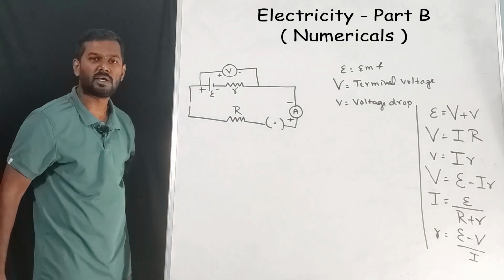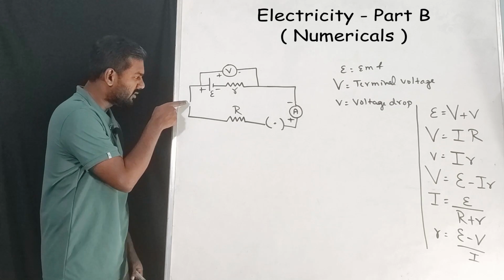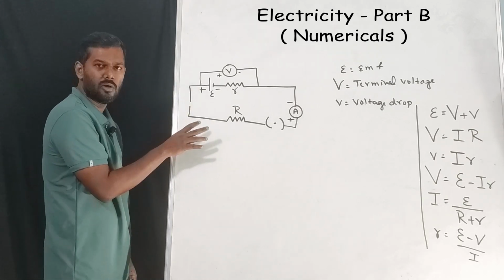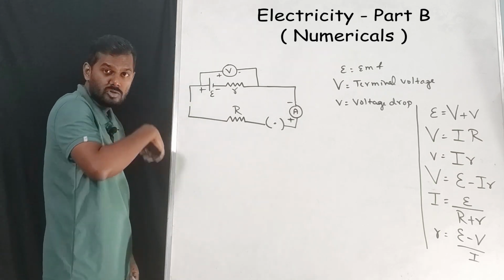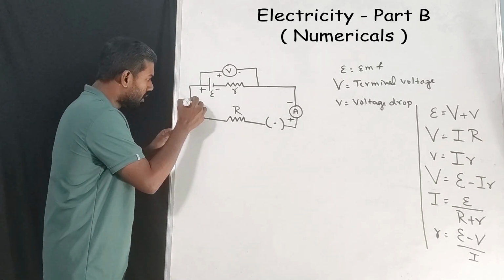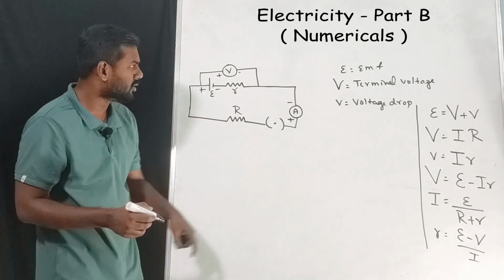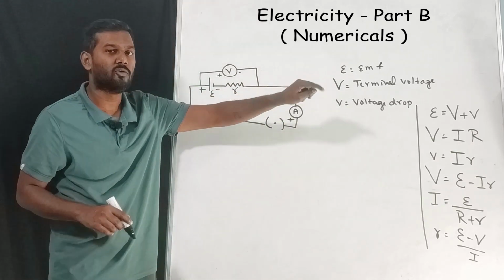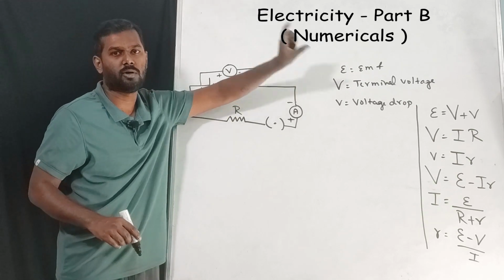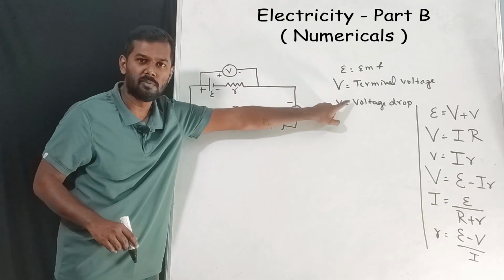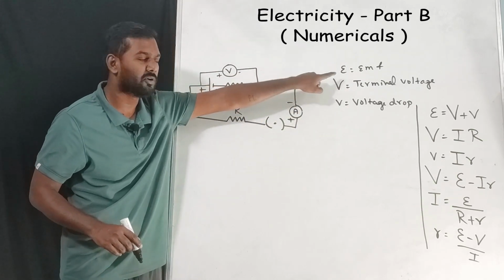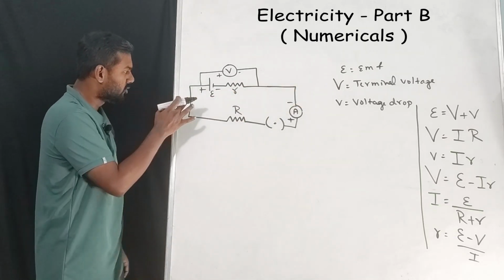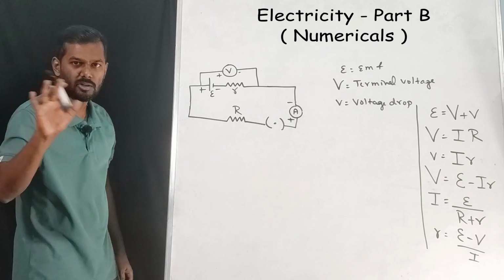See, the circuit is open, so there is no connection between this point, and the current we are getting from the battery will not flow because there is no closed path. So in an open circuit there will be no voltage drop, then EMF will be equal to terminal voltage. This is the very important point. If the circuit is open, there will be no voltage drop, so EMF will be equal to the terminal voltage. And when the circuit is open, as I told you, current will not be flowing. Keep all these things in mind.